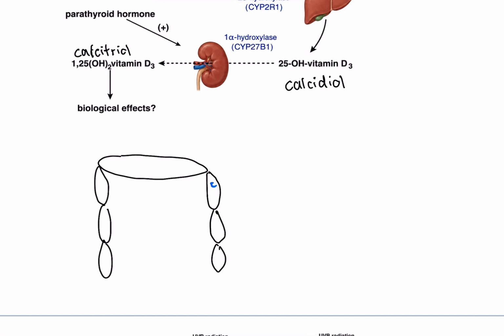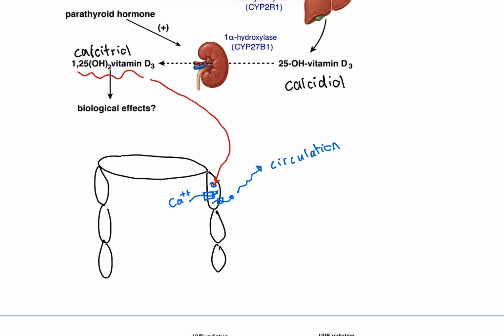And if the active form of vitamin D, this calcitriol right here, comes over and binds with that vitamin D receptor, it can then induce the transcription of genes and the eventual translation of those genes to make proteins, which sit in the membrane of these cells, and they're transporter proteins that can move calcium from the space within the gut into these cells, and then from the space within those cells into interstitial space, and then those molecules can eventually diffuse into circulation.